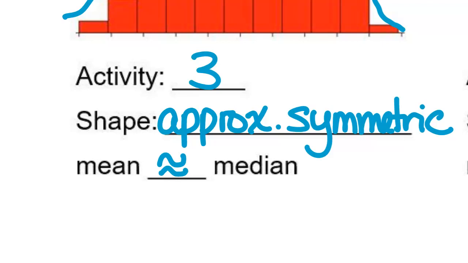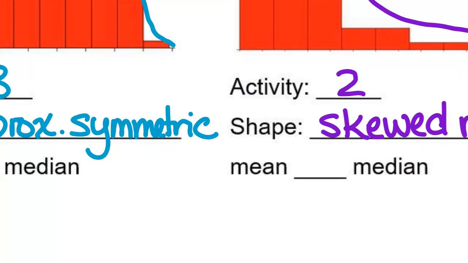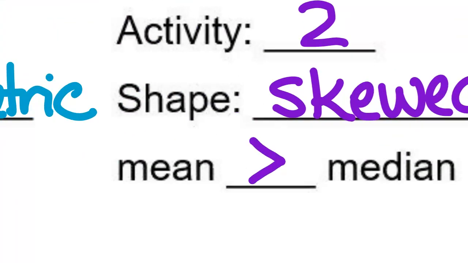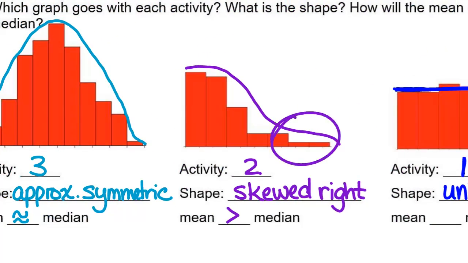Second graph, the one that goes with activity number 2, the penny toss. The mean and the median. Would the mean be bigger, smaller, or about the same as the median? Bigger. These values over here are going to pull that mean up away from the middle.